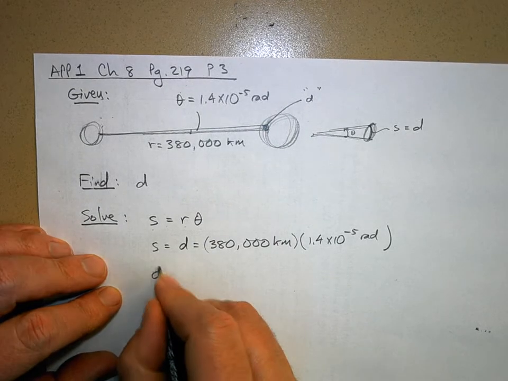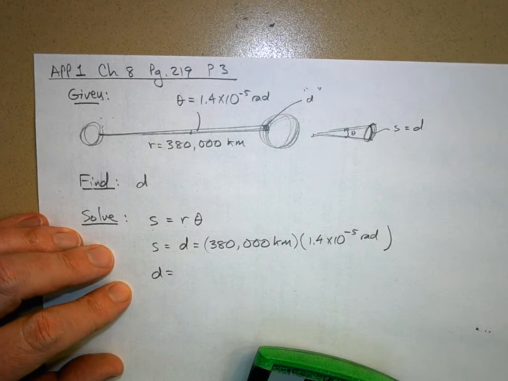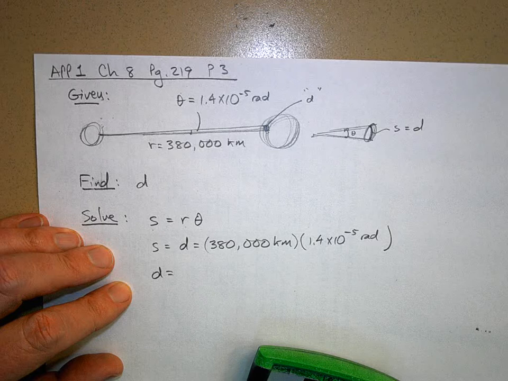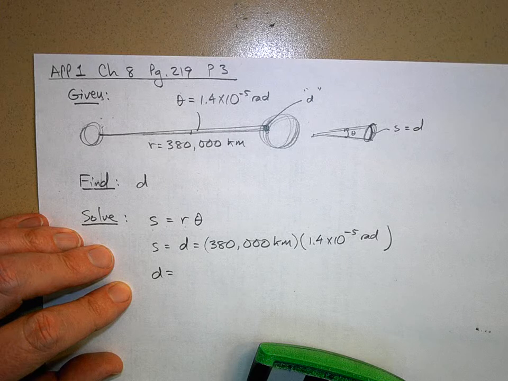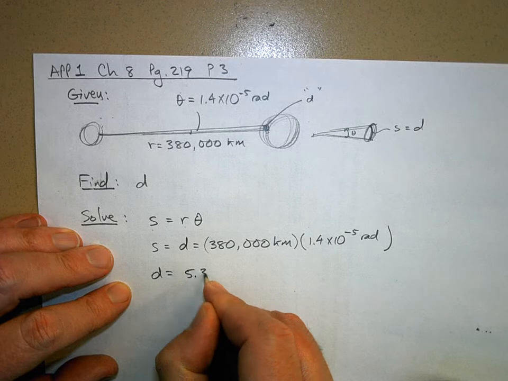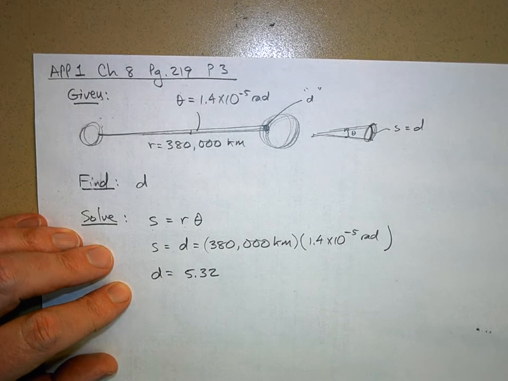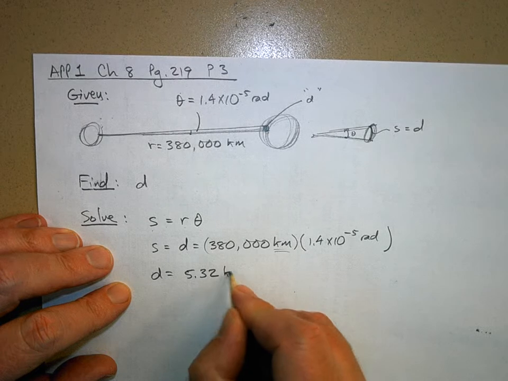And so when you do that, here's my calculator. 380,000 times 1.4 times 10 to the negative 5, and I get 5.32. But 5.32 what? Kilometers.